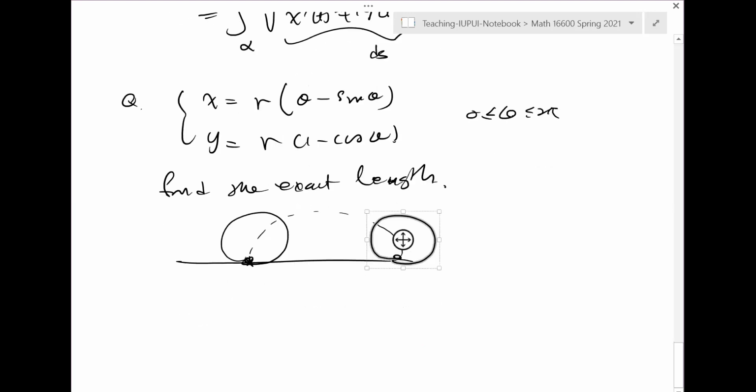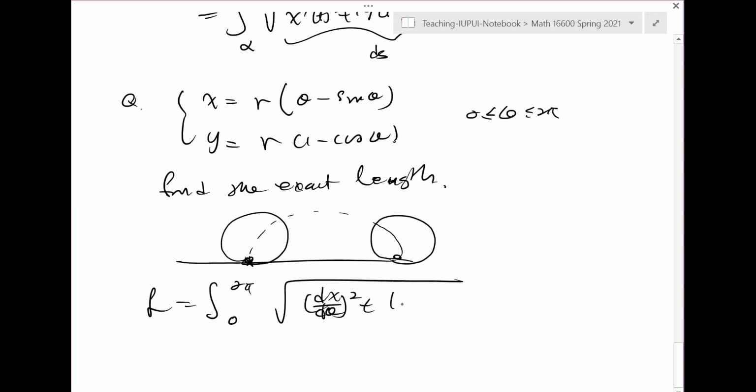Anyway, so we want to find the length. Using the formula, the length is the integral from 0 to 2 pi of the square root of (dx d theta) squared plus (dy d theta) squared, d theta.